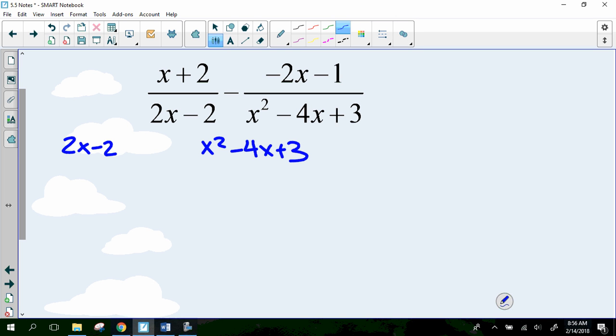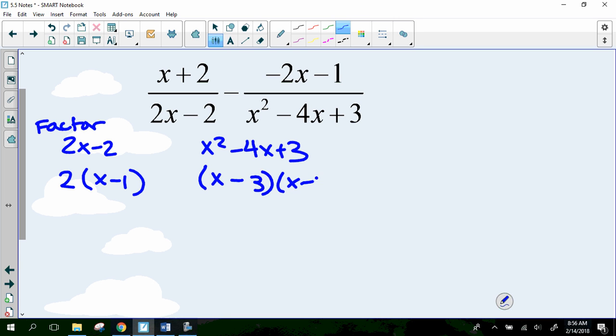Madison, what did you get for the first one? 2 x minus 1. Okay. And Michaela Helvey, what did you get for the second one? X minus 3 times x minus 1. Okay. All right, so there are the factored denominators.